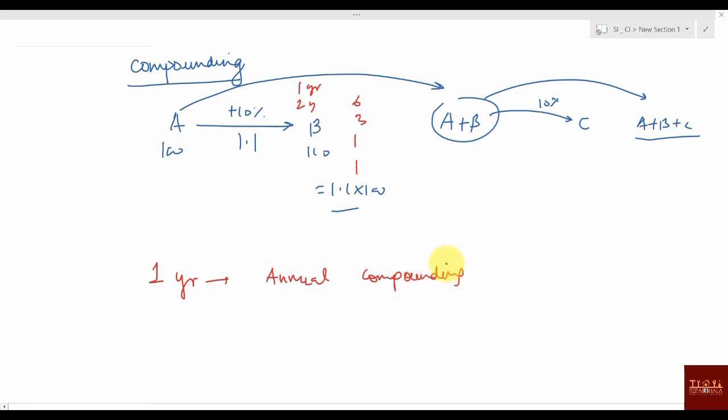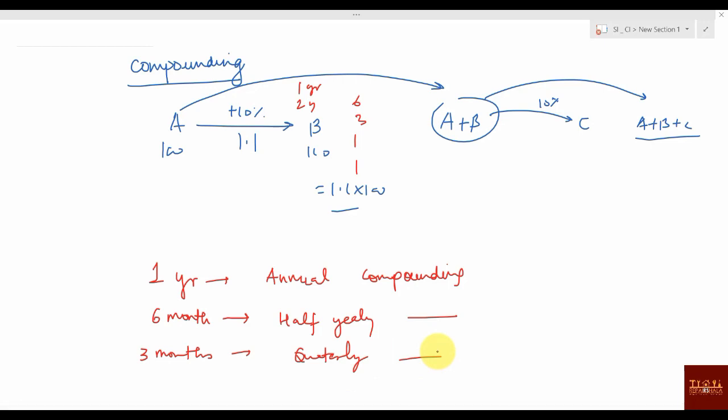If it is happening in 6 months, it is called half yearly compounding. If it is happening every 3 months, then it is called quarterly compounding. Or they will say something like it is compounded every 2 months, every 3 months, or every 2 years, 5 years. That they will tell you.